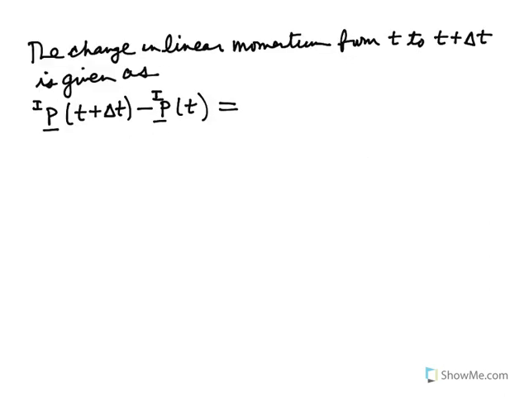We've got m of t minus b delta t times vi of t plus delta vi. That takes care of that.